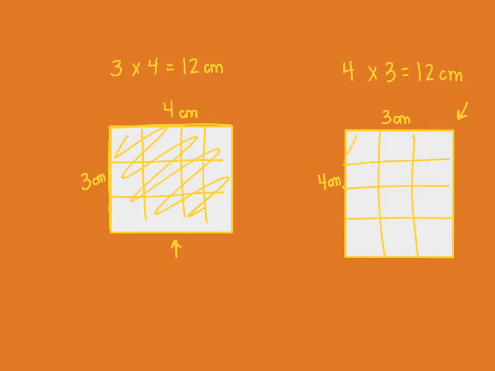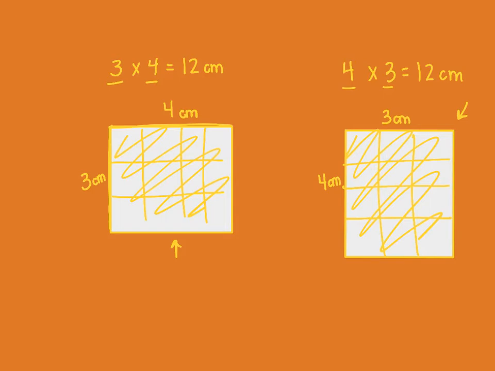That means that the inside is representing the same amount of space even though it's situated in a different way. When I flip my multiplication numbers around and I still get the same answer, that is represented by a rule called the commutative property. That rule tells me that I can flip my numbers around in multiplication and still get the same answer.